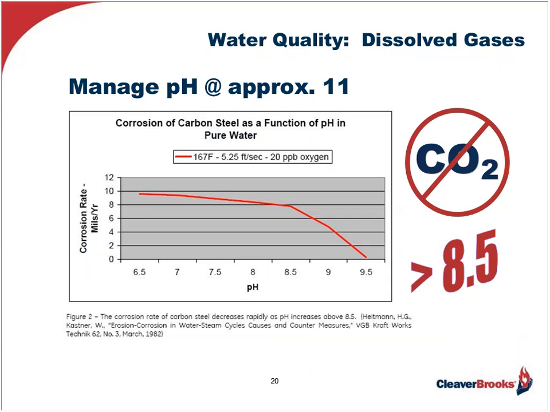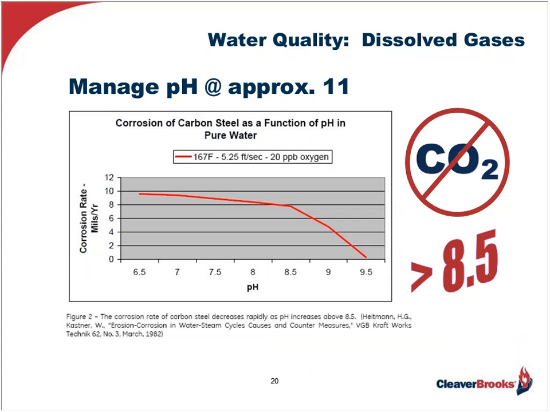Carbon dioxide will form in the boiler's feed tank as the water is heated, and as shown in the slide before, the amount of CO2 formation is dependent upon the amount of carbonates in the feed water, especially bicarbonate. The other factor with CO2 and carbonic acid attack is maintaining the proper pH level in the feed water tank and the boiler.